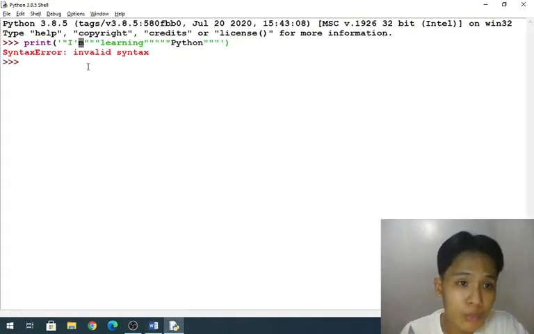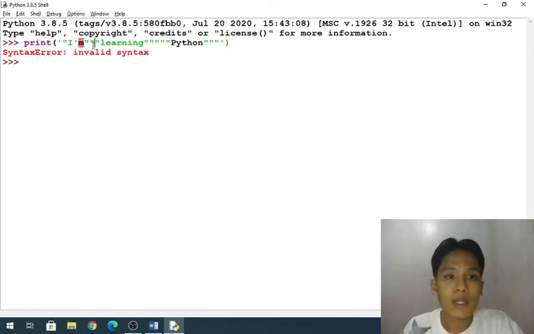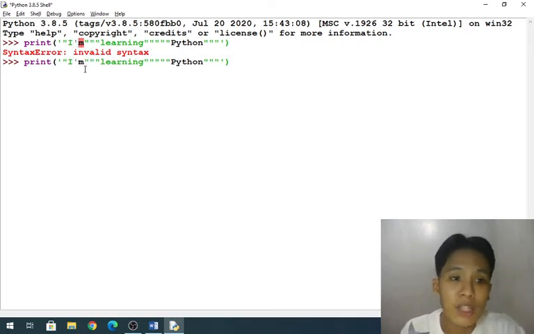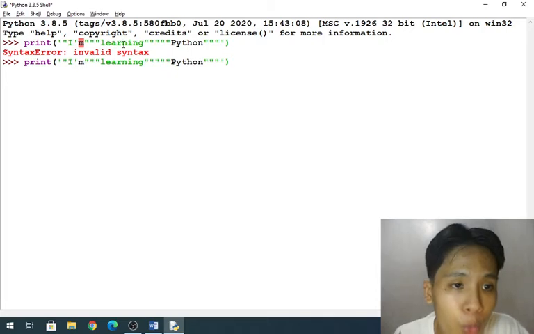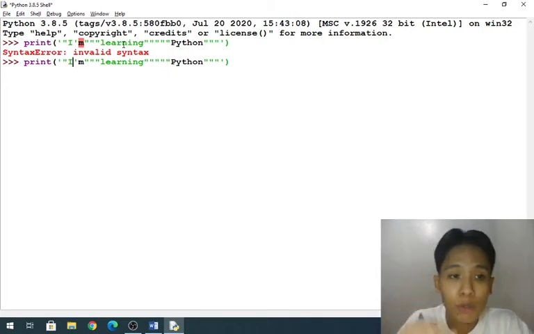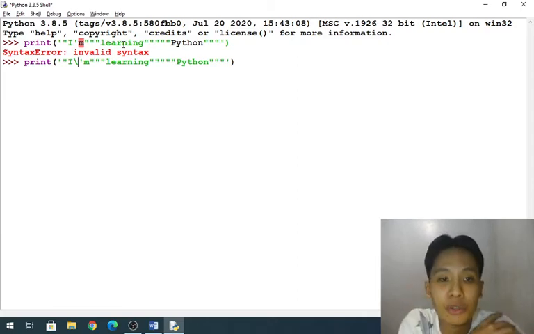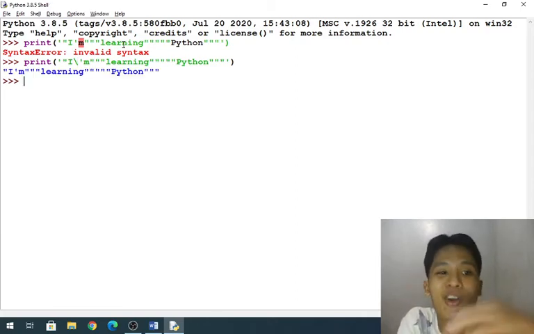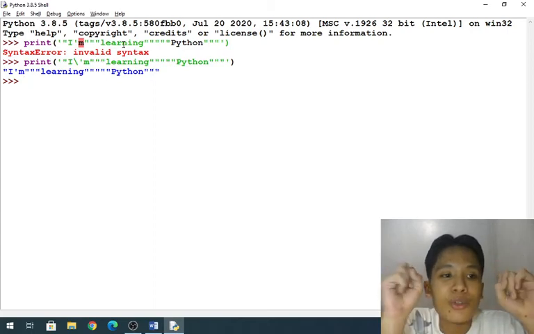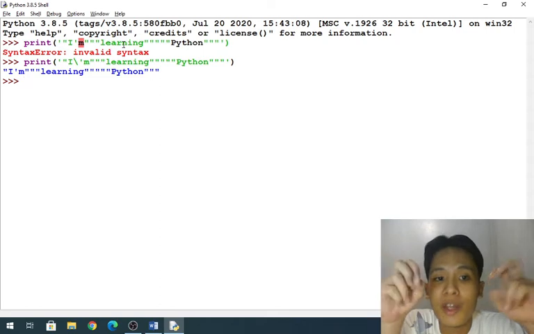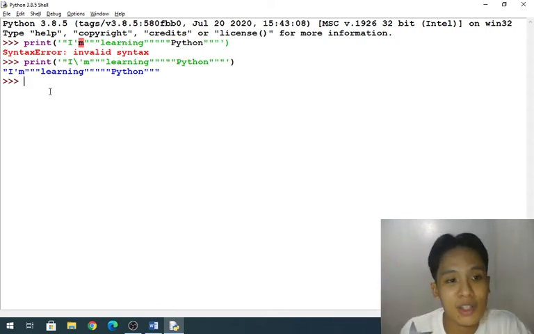So we have to copy it, but this time before that apostrophe we must put a backslash. There you have it, not invalid anymore. So let's run it. There you go. It ran the I am learning Python.